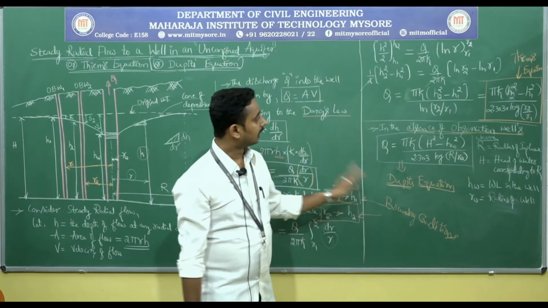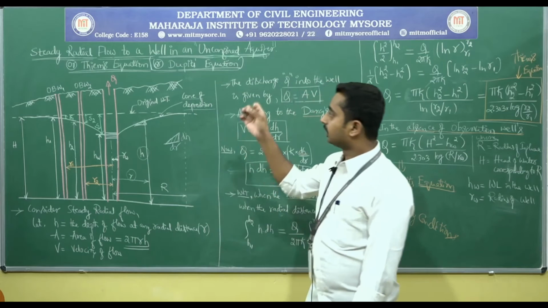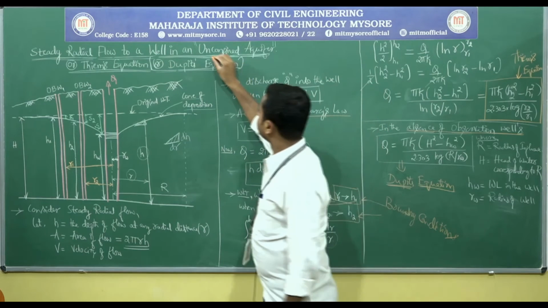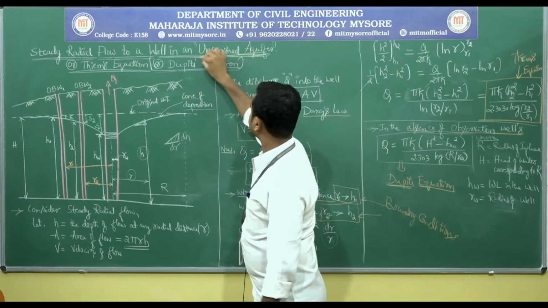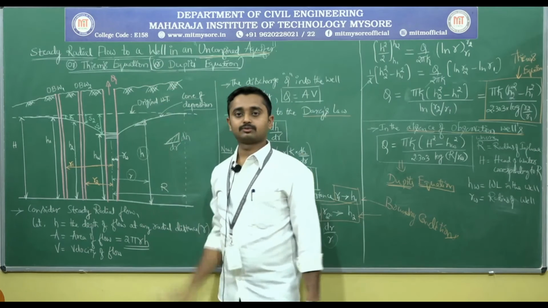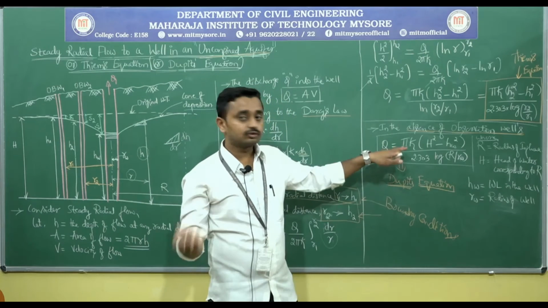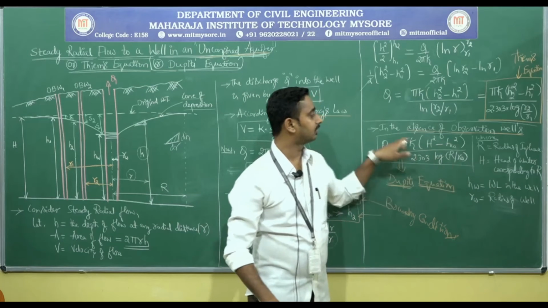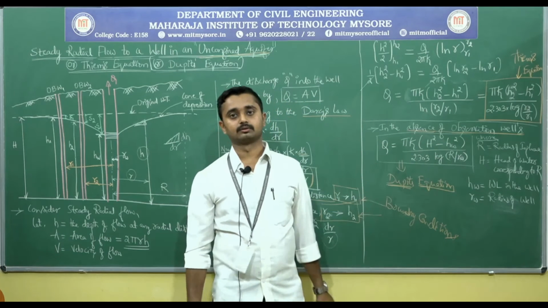And this is all about steady radial flow to a well in an unconfined aquifer. This is important. Unconfined aquifer, sometimes also called Thiem's equation. If there is no observation well, then the same equation with replaced terminology we call Dupuit's equation.